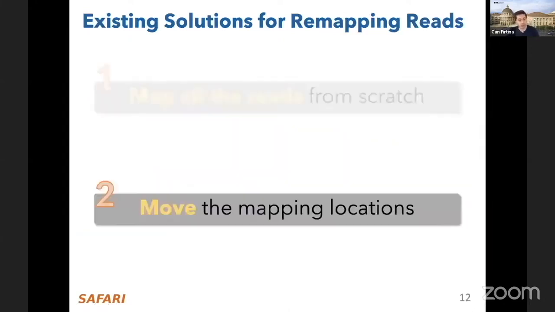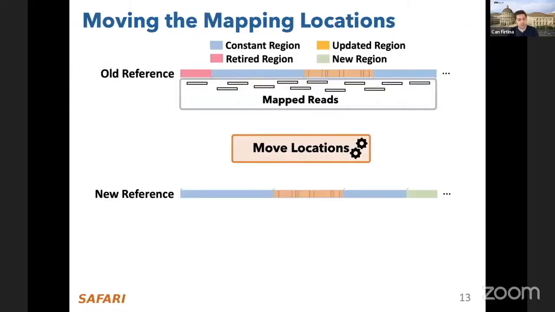So let's go over the second solution when remapping reads. When moving the mapping locations between an old reference genome to a new reference genome, what we don't want to do is read mapping unnecessarily.